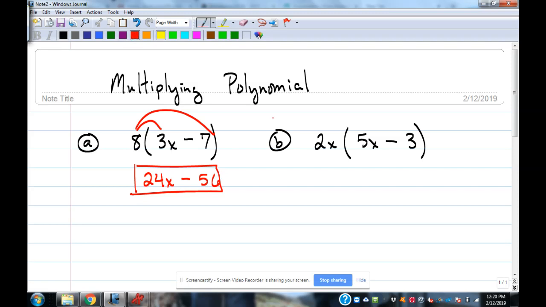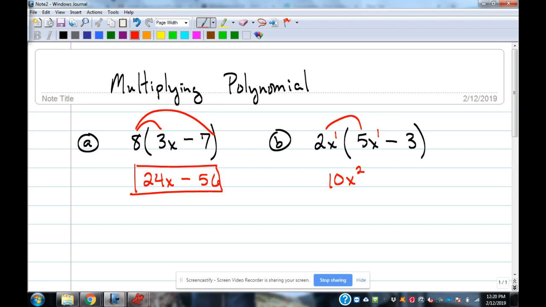So what's 2x times 5x? 10x. What's the exponent on these x's up here? They're both 1s. What's the rule about what you do with exponents when you multiply? Add them. So what's 1 plus 1? So that's x squared. X times x gives me x squared, right?